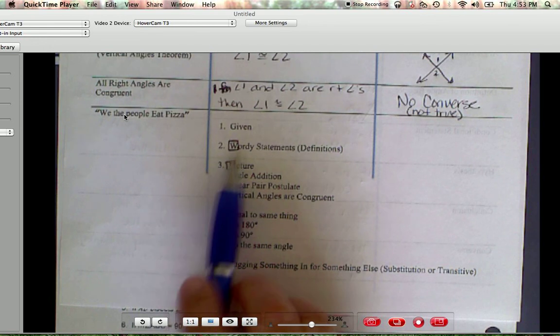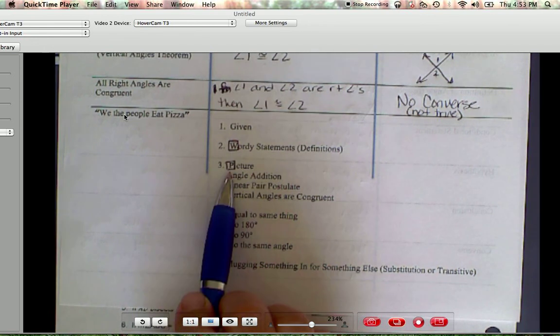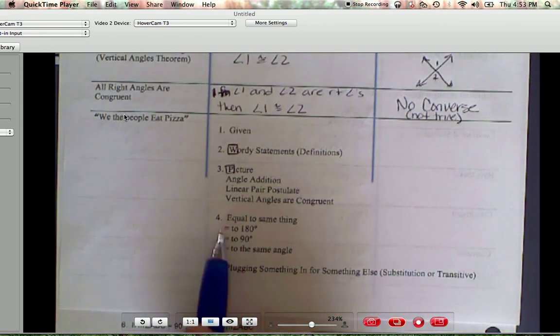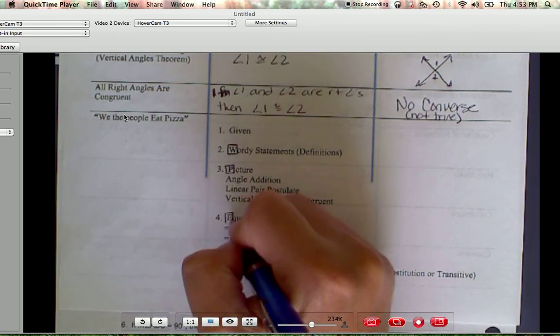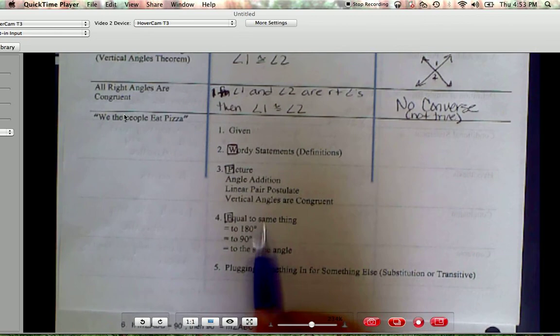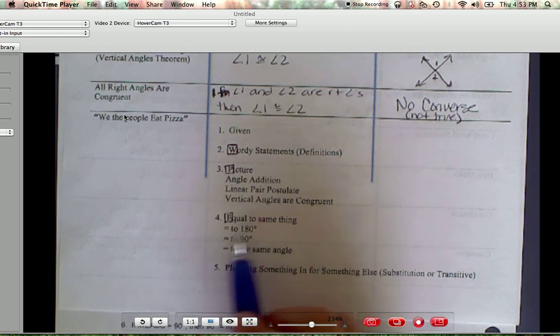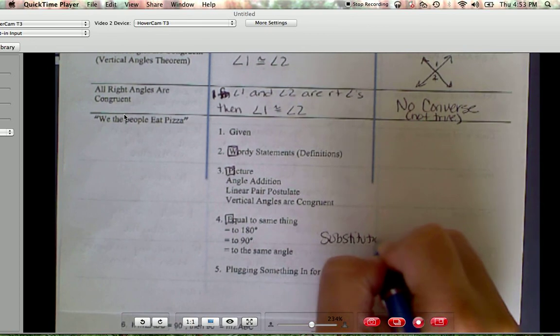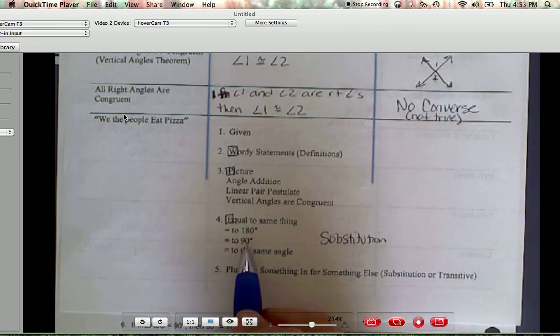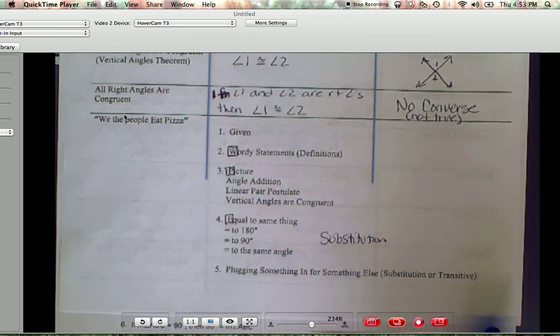Then, once you've undone all the wordy statements and pulled anything from the picture that you can, you will start figuring out if something is equal to the same thing. So if two things are equal to 180, then you can do substitution. If two things are equal to 90, you can do substitution, or if two things are equal to the same angle, you can use substitution.